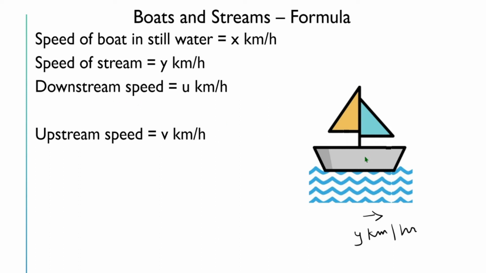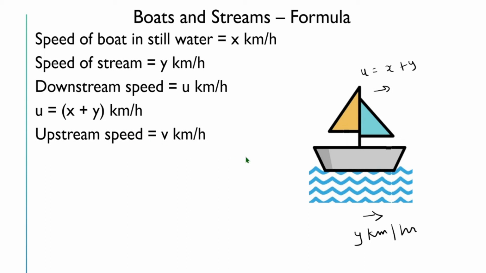That is, if the boat is also going along the direction of the stream, then that is called downstream speed. So this downstream speed will be x plus y, the sum of the speed of boat in still water and speed of stream. So the downstream speed u is equal to x plus y.